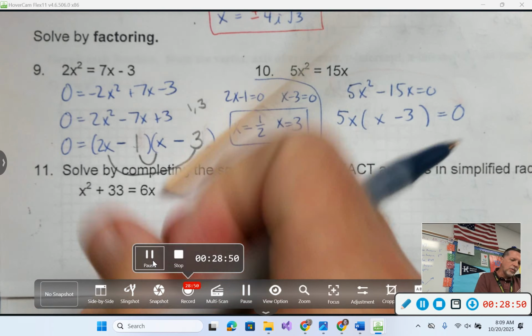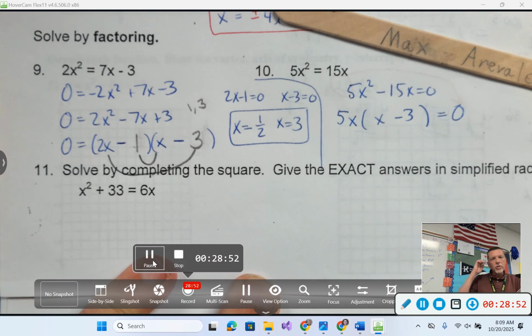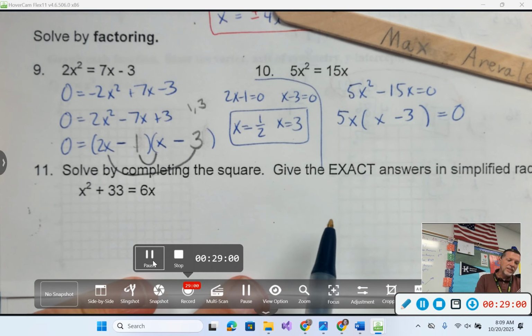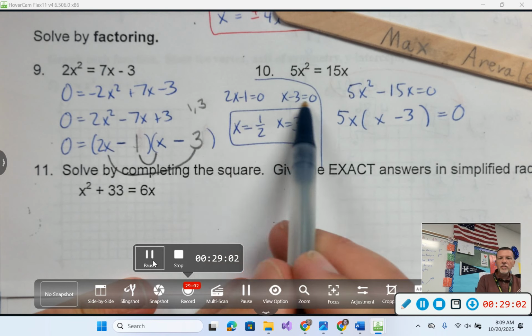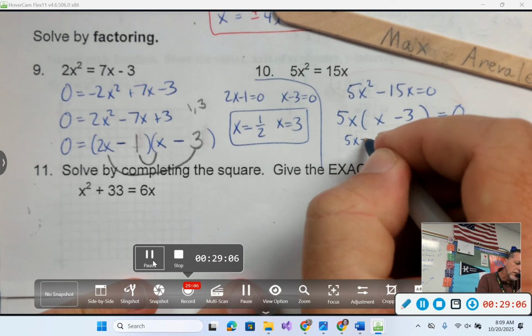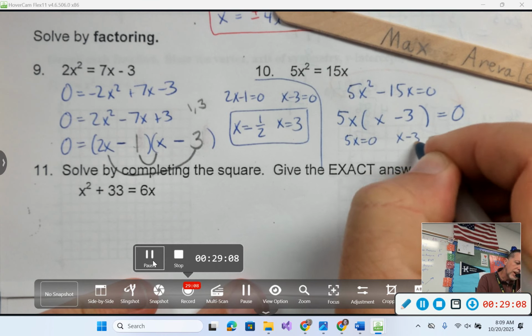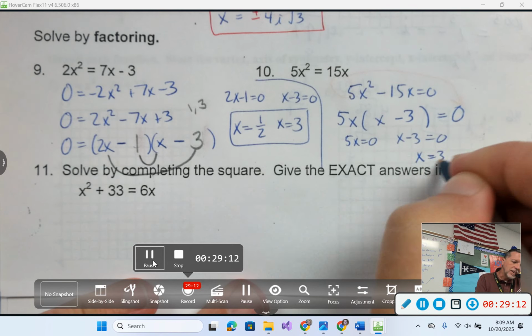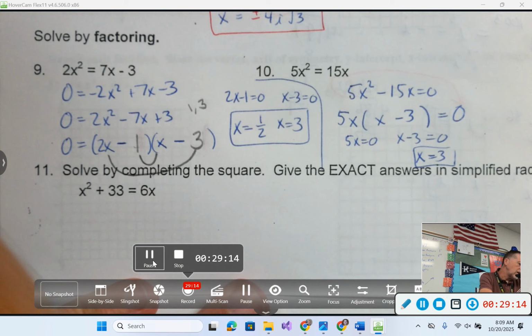And then Max, once it's factored, what do we do with our factors? It's the step that people don't show, and then they get messed up on a problem like this. What did we do with our factors right here? Set them both equal to 0. So 5x equals 0, and x minus 3 equals 0. So I'll take the easy one, x equals 3.